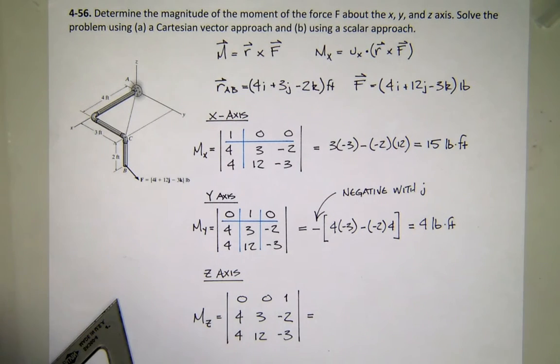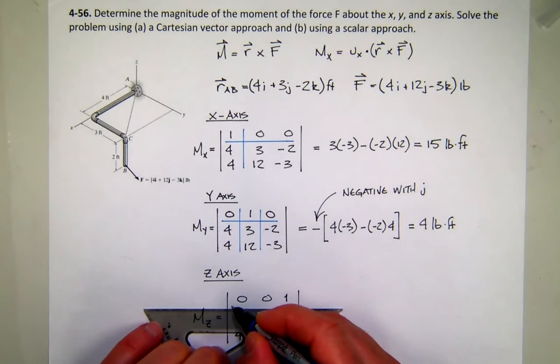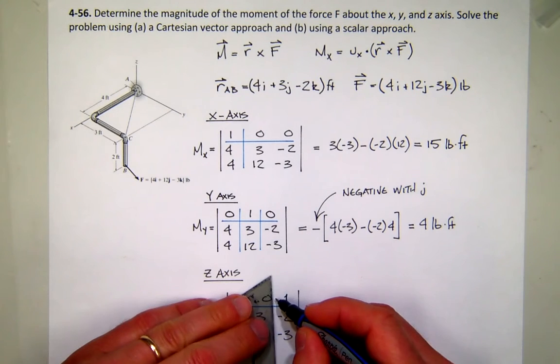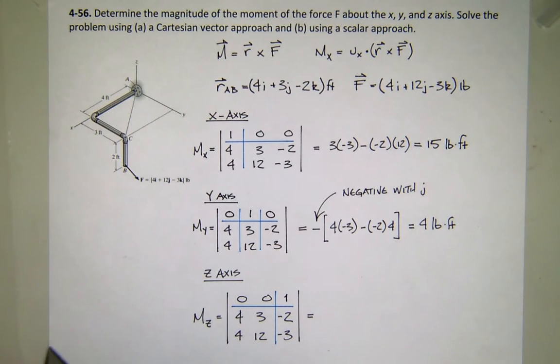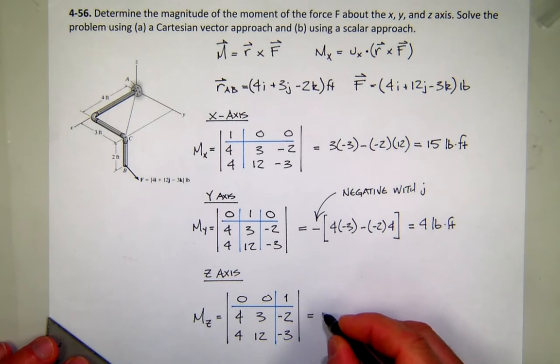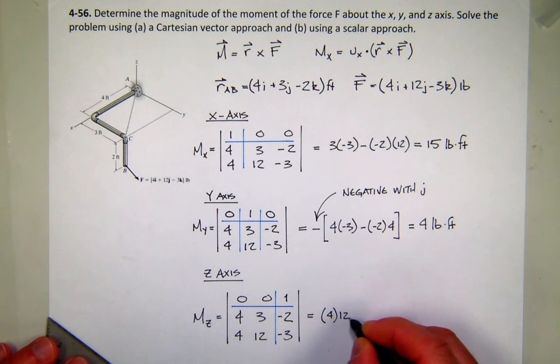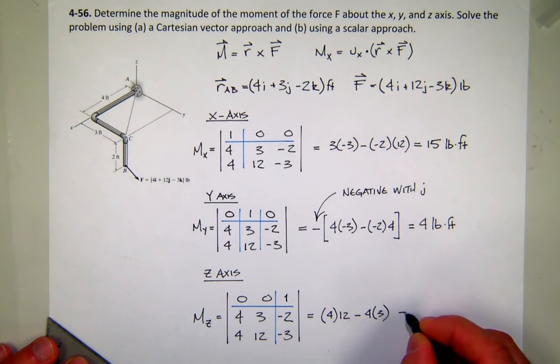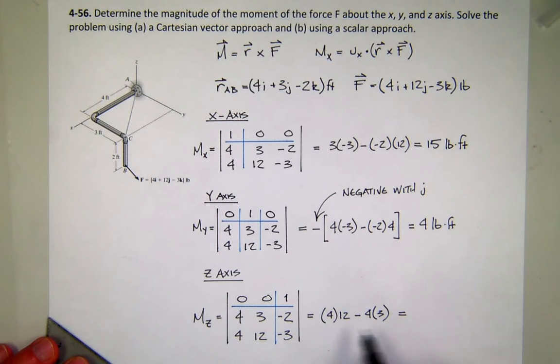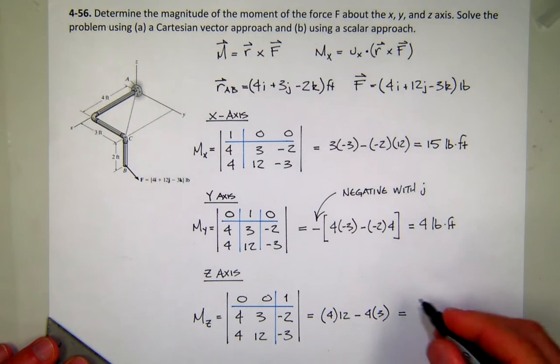So in that case, the only term that's going to survive in the reduction is the last term, the z term. So we get 4 times 12 minus 4 times 3. 48 minus 12 is 36.